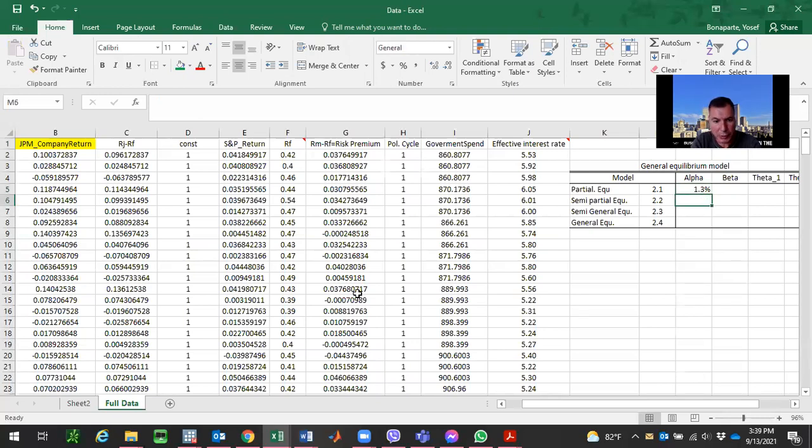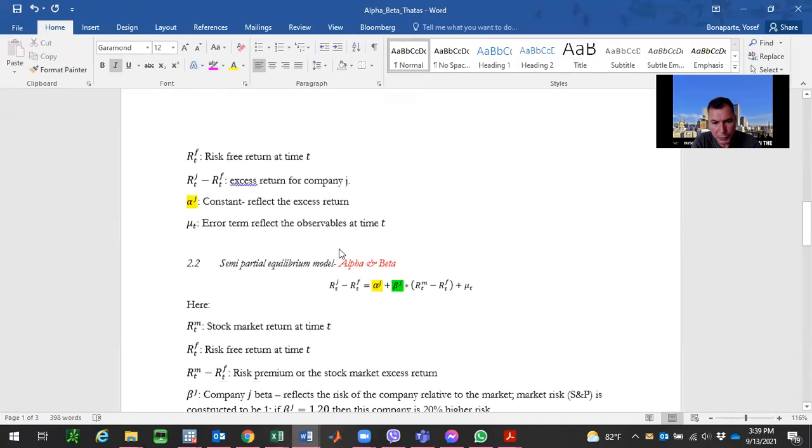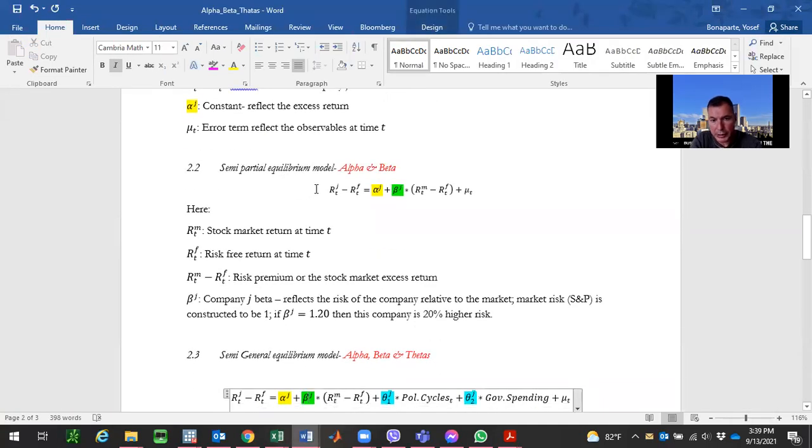Now we're going to go to the second model, which is semi-partial equilibrium. It is the same model, RJ minus RF equals alpha J plus beta multiplied by RM minus RF. So beta is the coefficient we want to estimate, and it reflects the risk of the company. RM is the market return, RF is the risk-free rate.